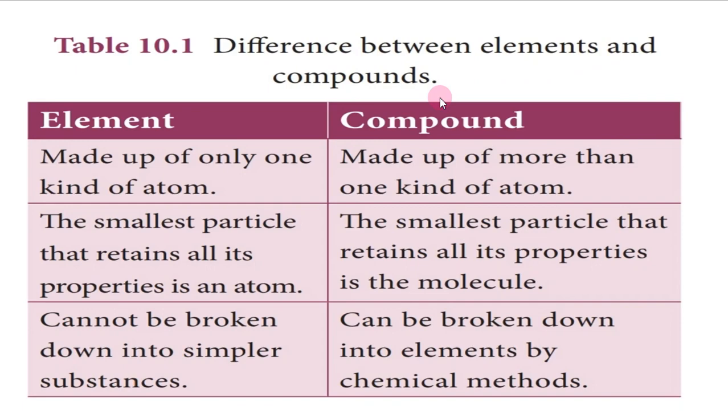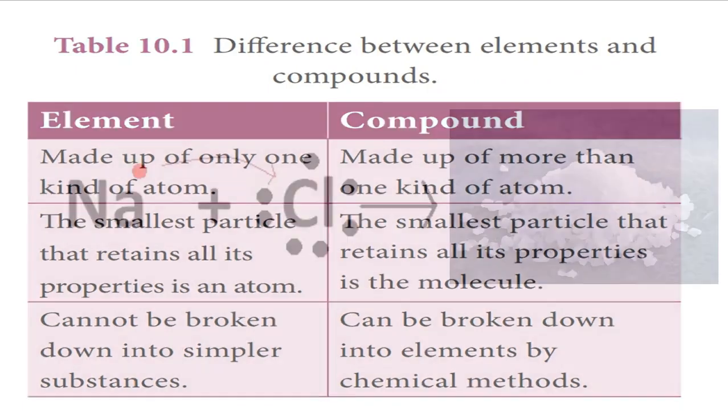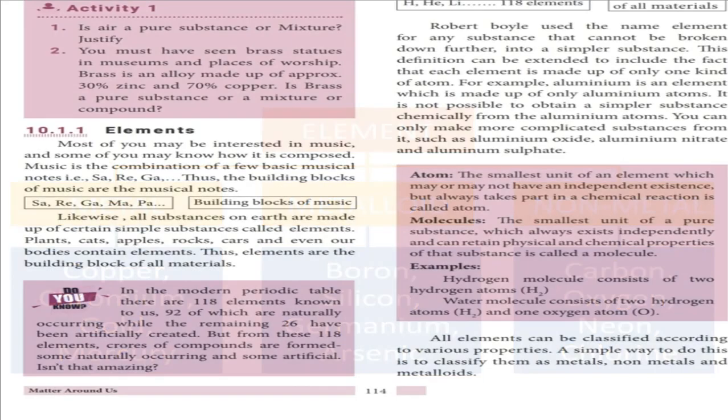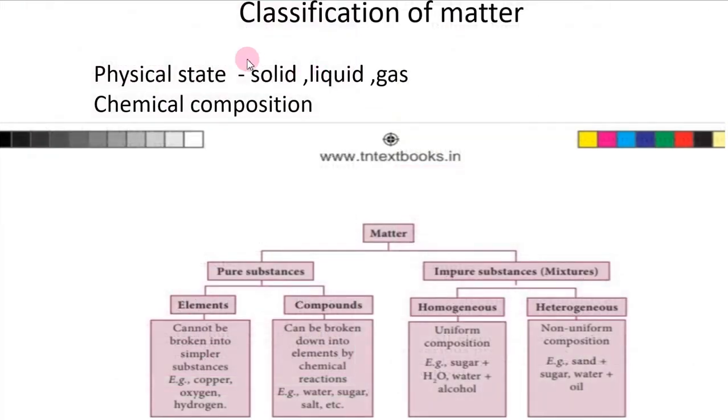So can you say some difference? A lot of things we discussed under element and compound, right? So from this flow chart we can see the difference between elements and compounds.